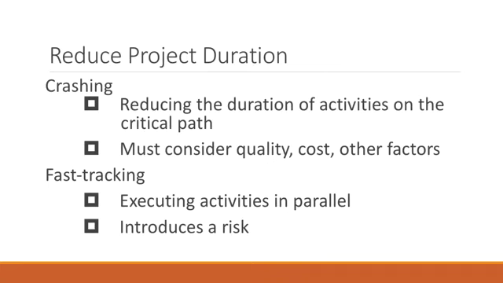It has to be a really experienced project manager, or a person that actually understands the project a lot, that can say, well, if we execute these activities in parallel, we can probably reduce the project duration without introducing mass risk. But in most cases, fast tracking will definitely introduce risk, and crashing, in terms of project duration reduction, will always increase the cost.